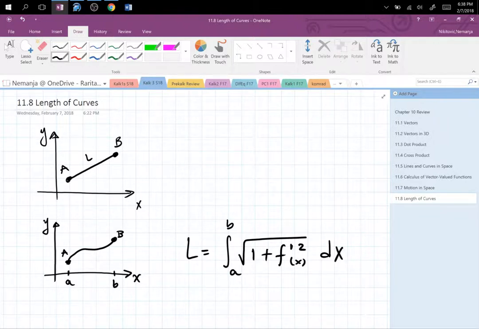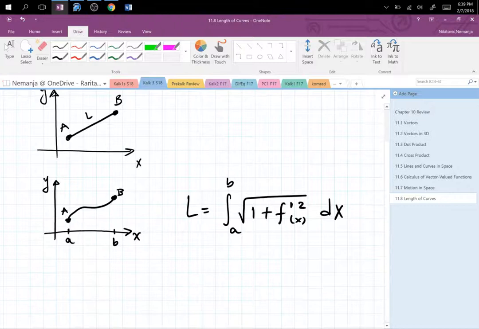Now, we are also used from Calculus 1 to think that the integral is supposed to give the area. But then you can quickly see that this is actually a one-dimensional equation because, roughly speaking, the square and the square root cancel.